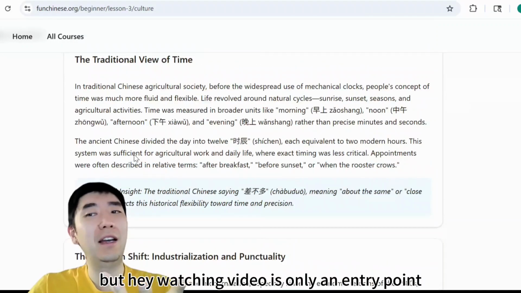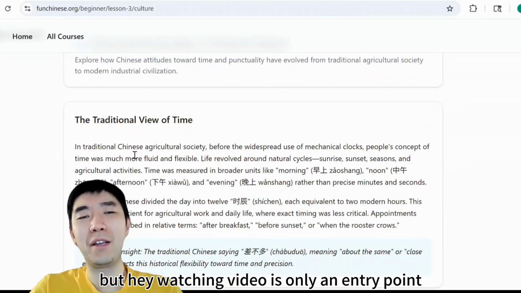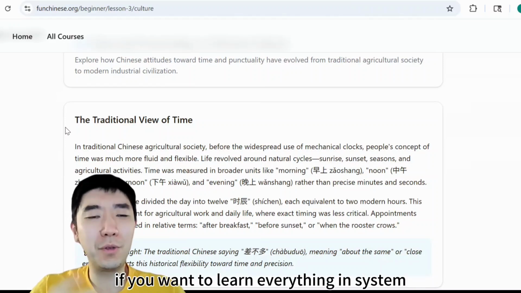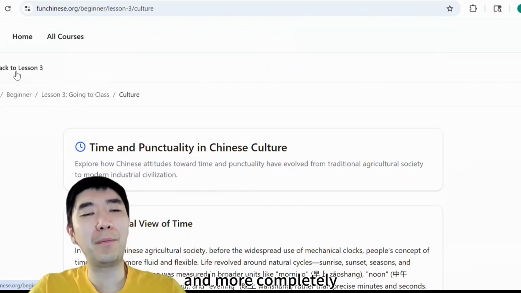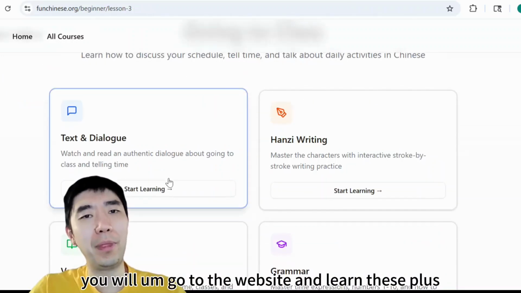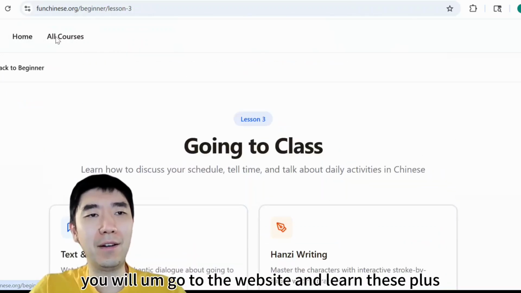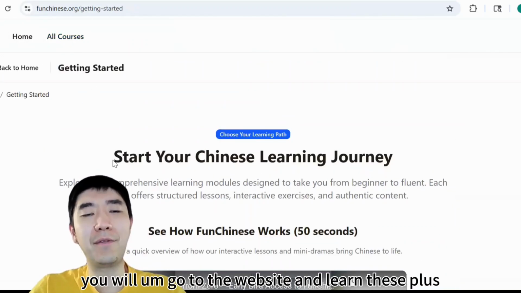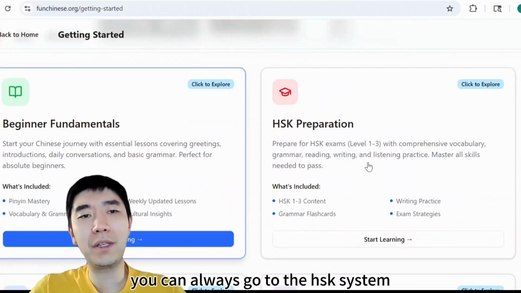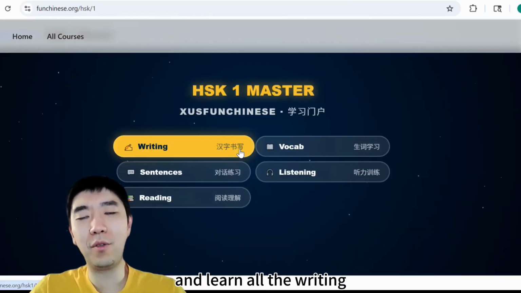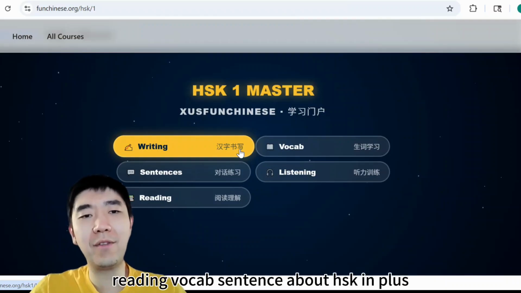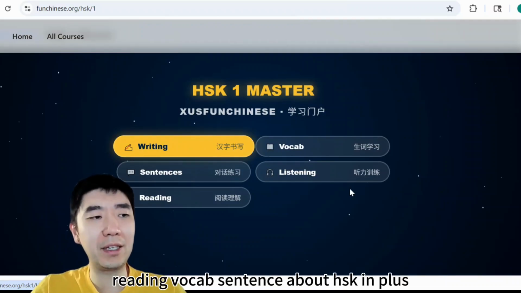But hey, watching video is only an entry point. If you want to learn everything systematically and more completely, you can go to the website and learn these. Plus, if you're more advanced, you can always go to the HSK system and learn all the writing, reading, vocab, and sentences about the HSK.